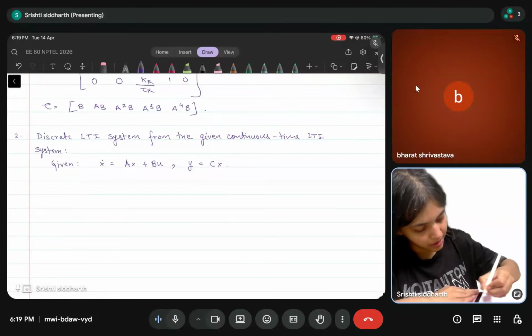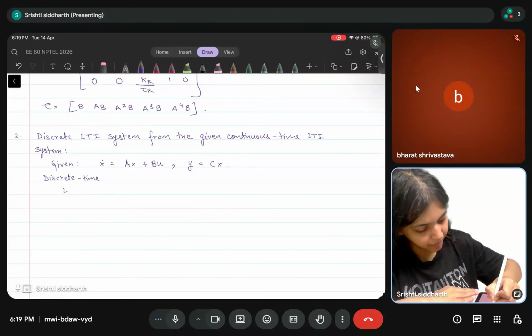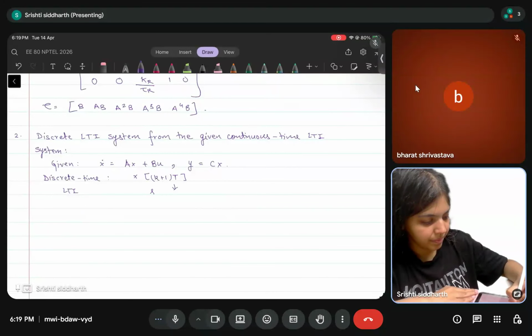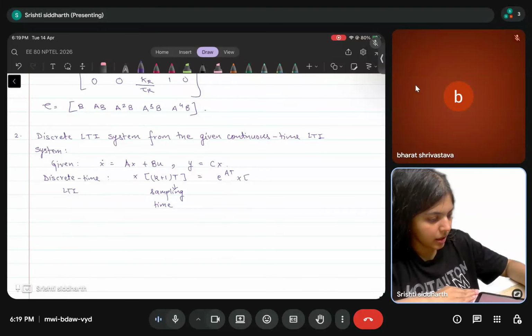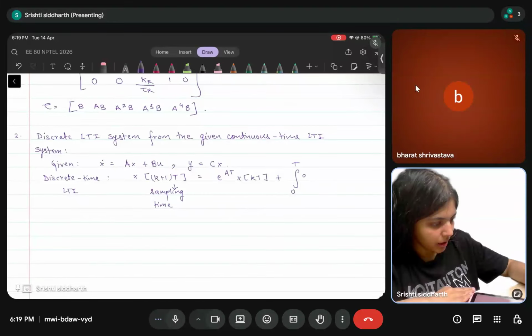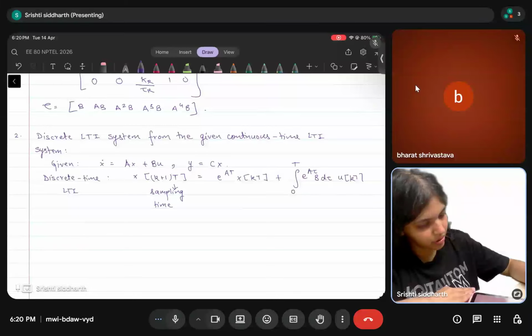The discrete time system is x at k plus 1 T, where T is the sampling time, equal to e to the power AT times x at the current time instant, plus the integral from 0 to T of e to the power A tau B d tau times u at the current time instant.